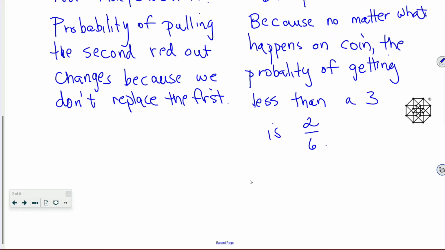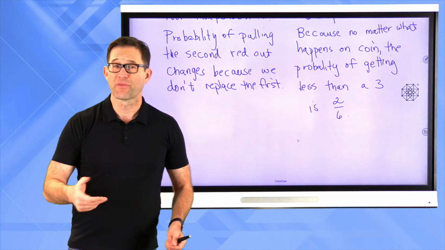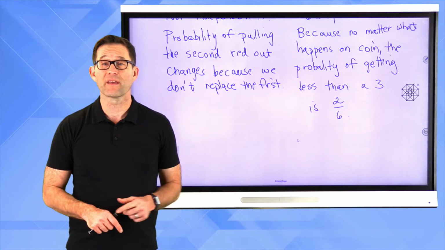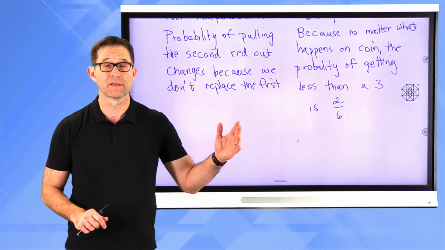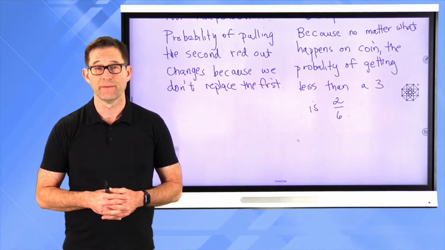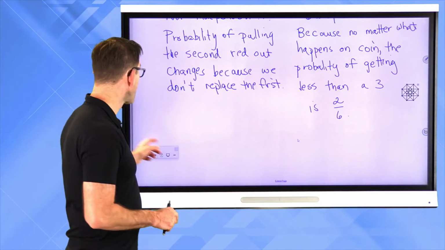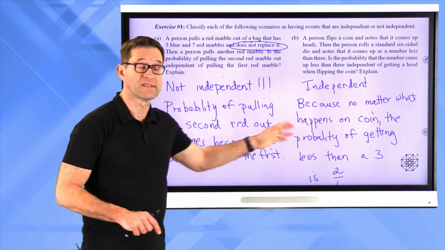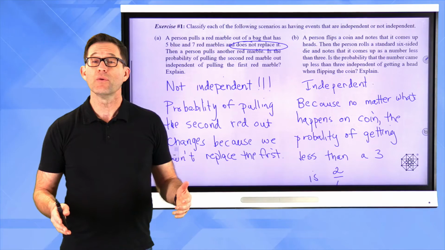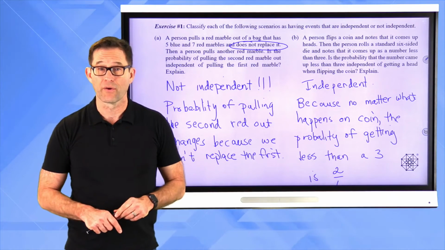Doesn't matter. I could flip the coin 20 times and get a heads each time. And the probability of getting a number less than 3 when I roll the die is going to be 2/6. It just doesn't matter. And because the probability doesn't change for that second event based on what happens in the first event, the two events are independent of one another.